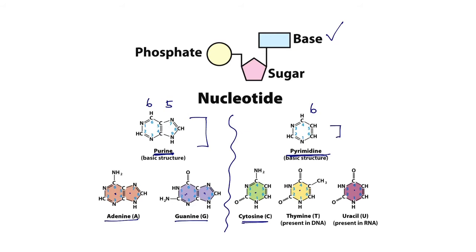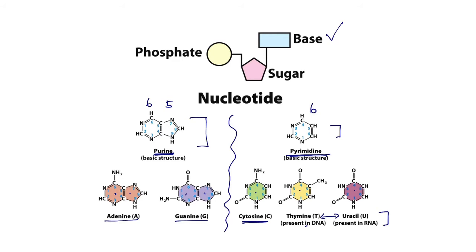Cytosine C is present in both DNA and RNA. And then thymine T is present in DNA, but uracil is only present in RNA. So T and U swap out depending on which polymer, DNA or RNA, is present.